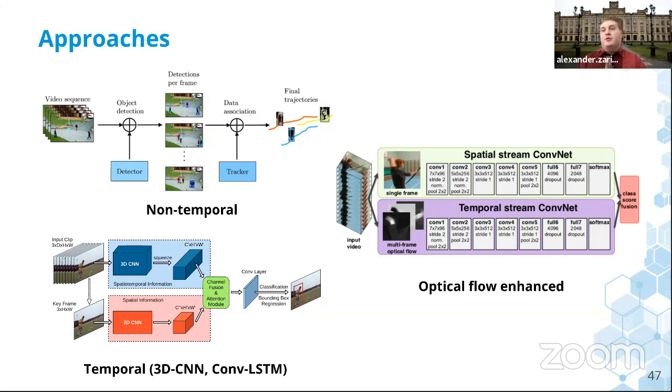They still rely on one-frame object detectors like the non-temporal approaches, but they also use optical flow neural networks to aggregate information about the nearest frames in the video, and inject this information into our one-frame detector to make it more robust to some of the noise from the video.